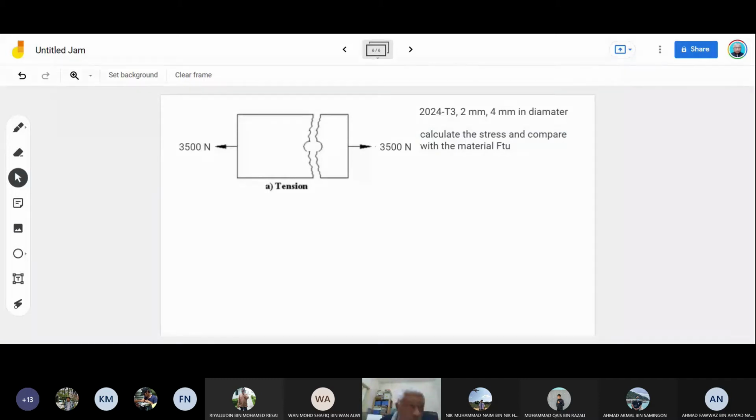So the question now is, what FTU do you use? Okay, you look at the chart from earlier.